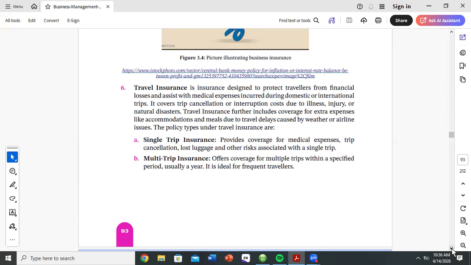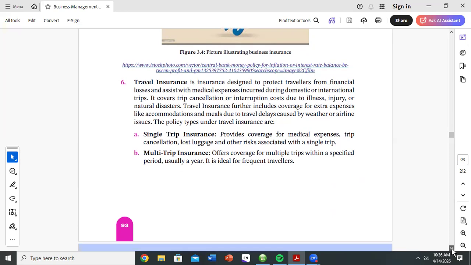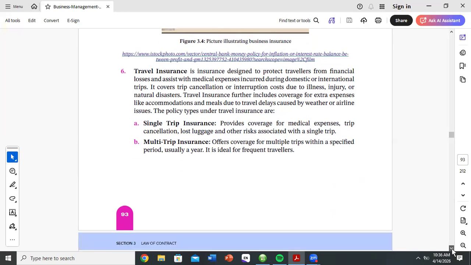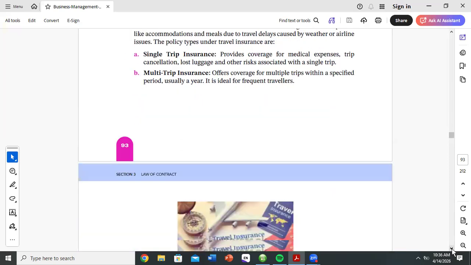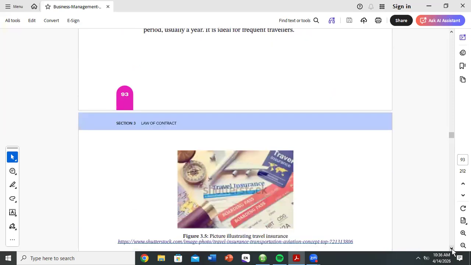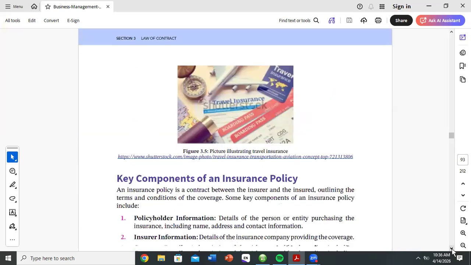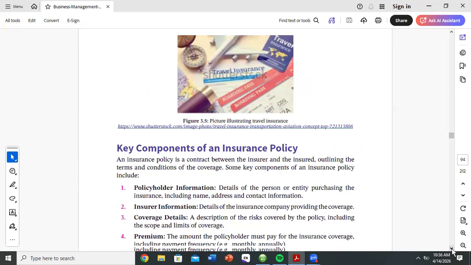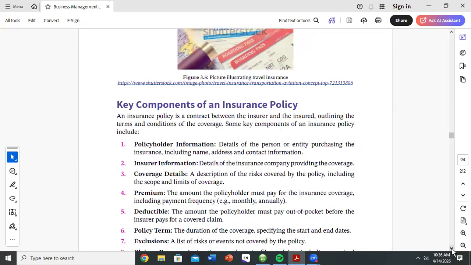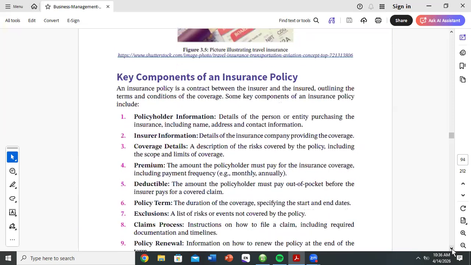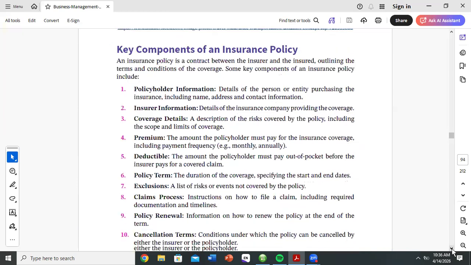So if anything happens on the journey, the insurance company would compensate you. So we can now begin to appreciate some of the key components of an insurance policy, and we need to know these things.